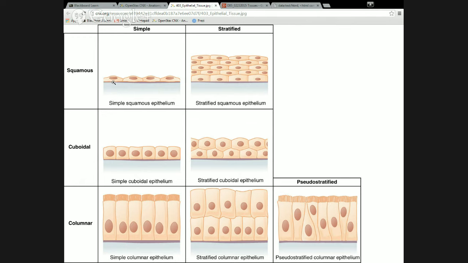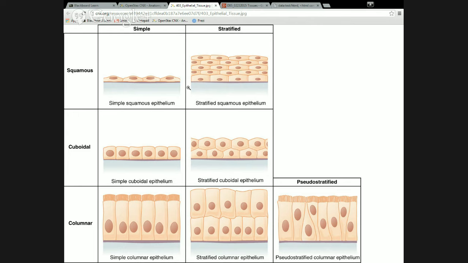Now, when we're talking about a simple epithelium, it's always going to be one layer of the same kind of cells. But in stratified epithelia, it's actually possible to have different shaped cells. As these pictures are drawn, they don't really depict that, although the cells at the bottom layer of the stratified squamous epithelium could almost be cuboidal in shape, the way they've drawn them here.